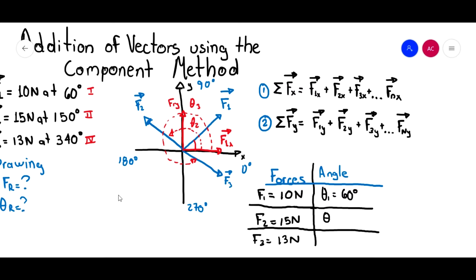Remember, the angle of force number 2 is 150. The angle of the third force equals 340. In this case, we are going to use the total angles. It is very important that you understand that we are going to use the total angle. Maybe in the next video, I'm going to show you why.